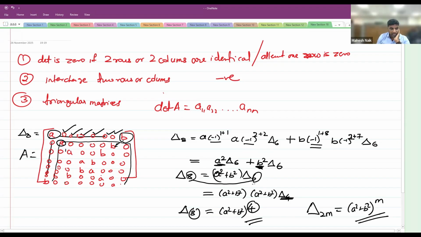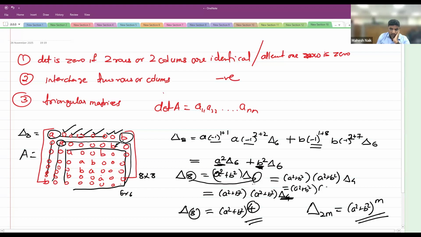Likewise, if I apply the same operations here for this 6 cross 6 matrix, which has the same structure like 8 cross 8, is that clear? So this would be a square plus b square into delta 4. And then again a square plus b square, a square plus b square into delta 2. And then one more time.